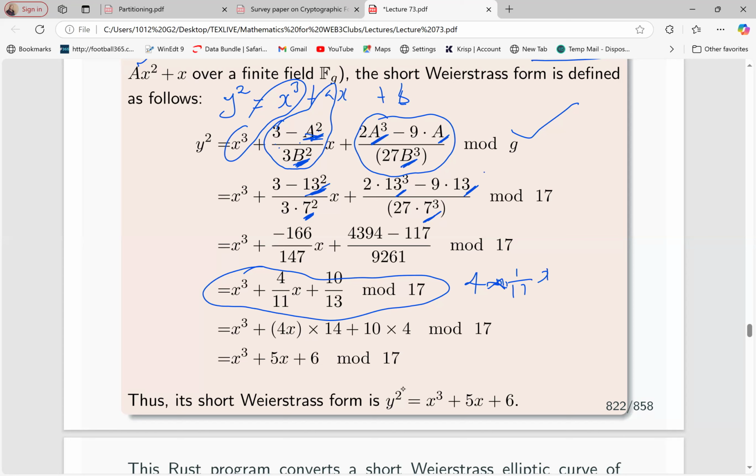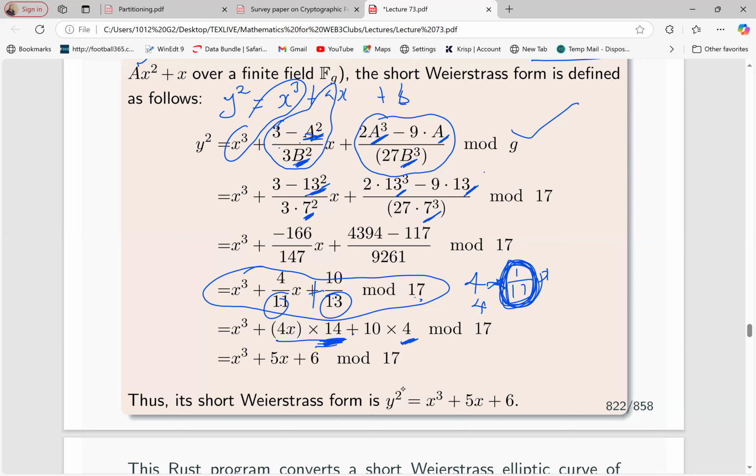So I just find the inverse of 11 mod 17, which using your code is 14, then plus 10 multiplied by the inverse of 13, which using a code is 4.